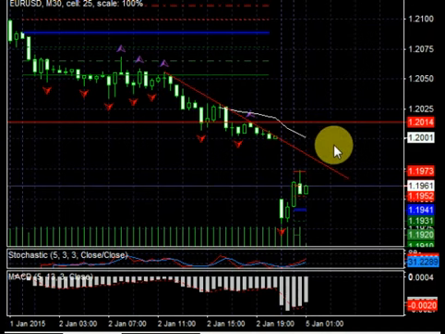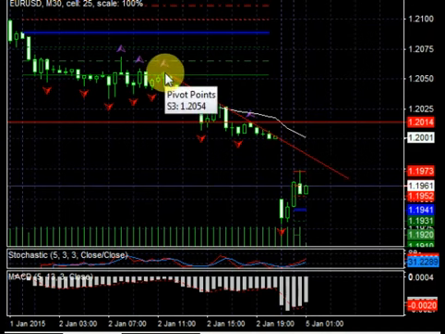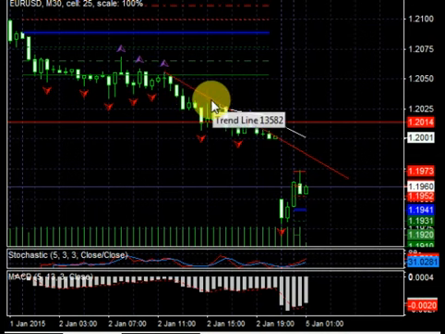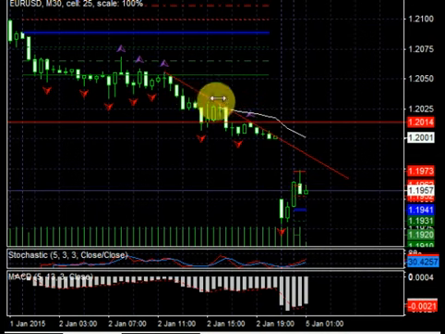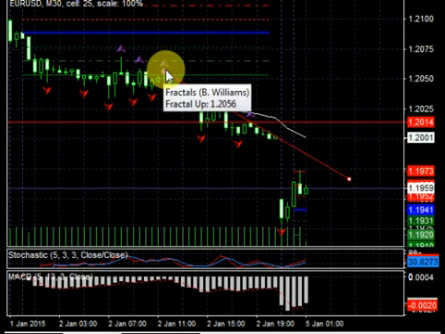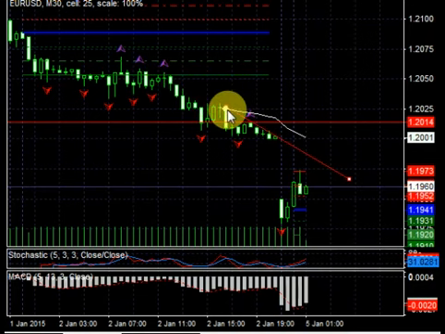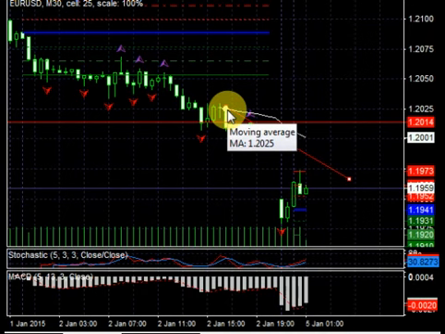Many people have their own ways of plotting the trend line. Many people have various ways of getting their own highs, and some could do something like this. Get this one, and perhaps follow the fractal this time around, maybe somewhere here.